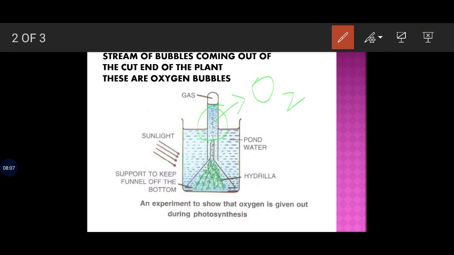When they are given out, we can infer that photosynthesis is taking place within these hydrillas, and they are liberating O2. That's all about the first experiment. Let's move on to the next one.